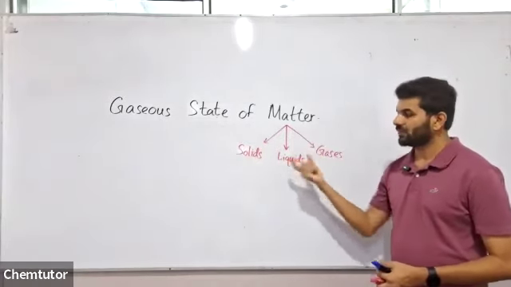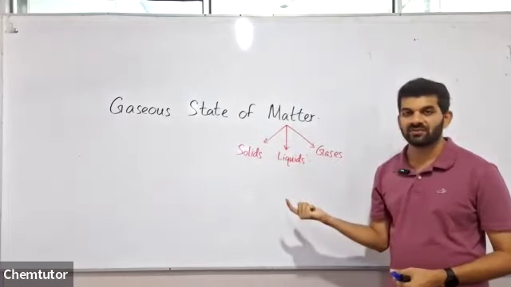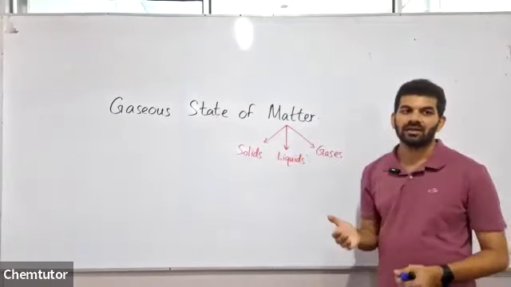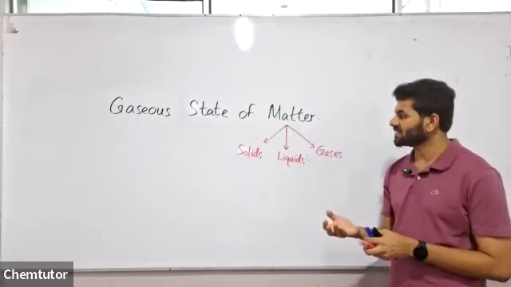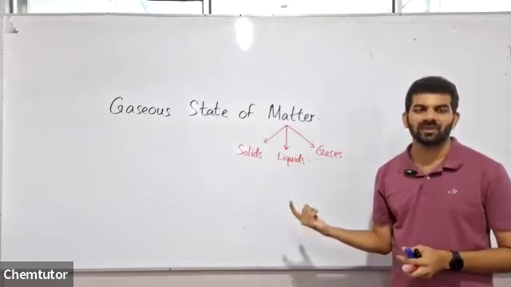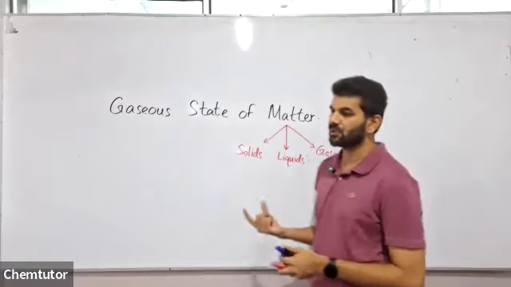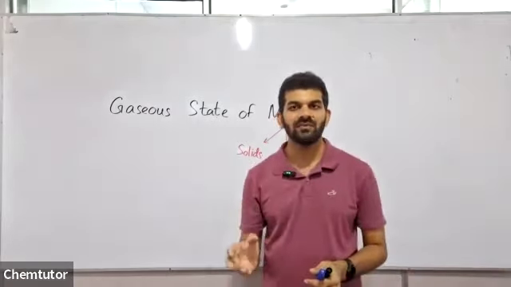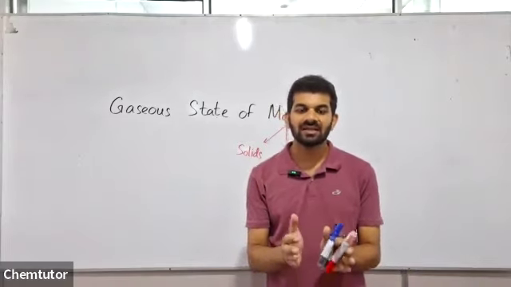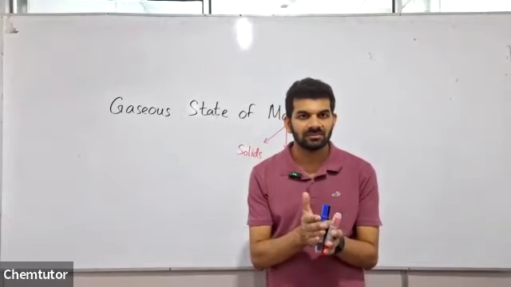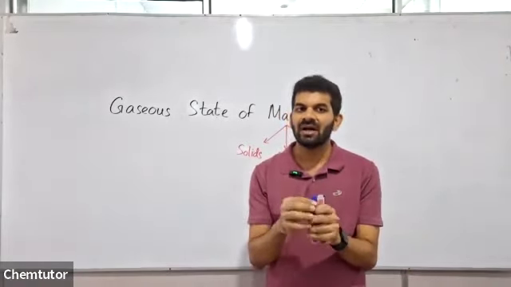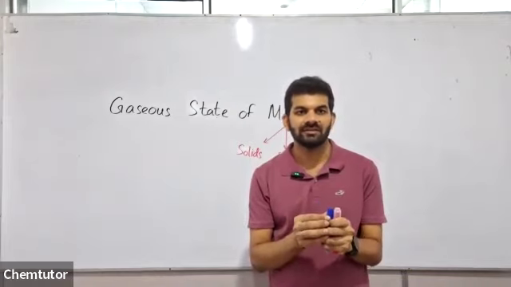Now let's consider their properties, and let's see how these properties change with respect to the intermolecular forces between these substances. Those properties will change due to the various intermolecular forces. For example, in solids, the particles are tightly packed, so the particles cannot move here and there.